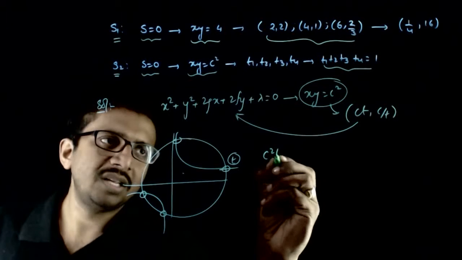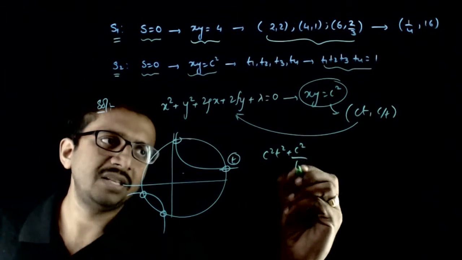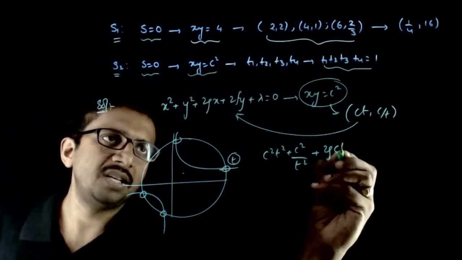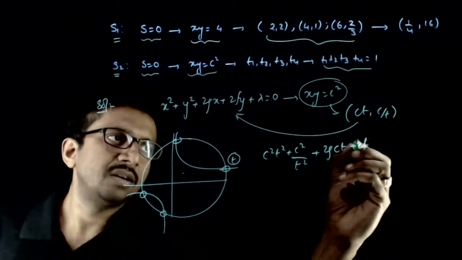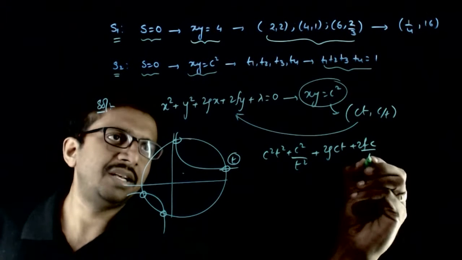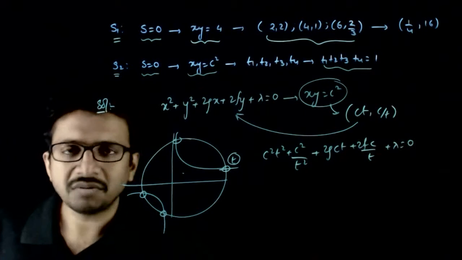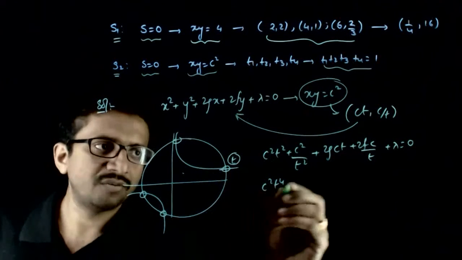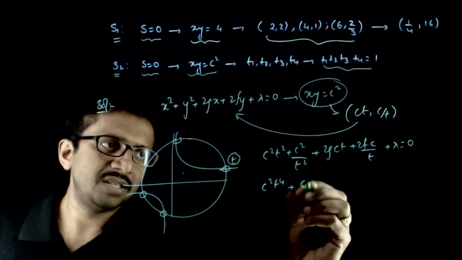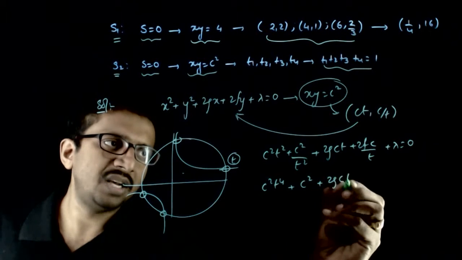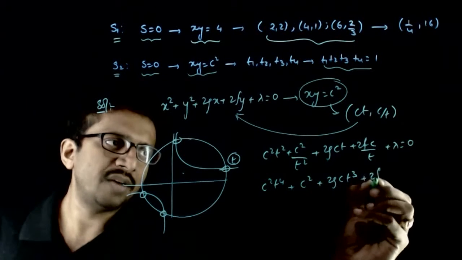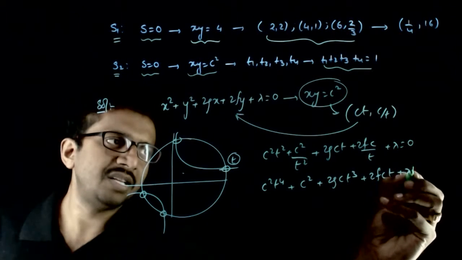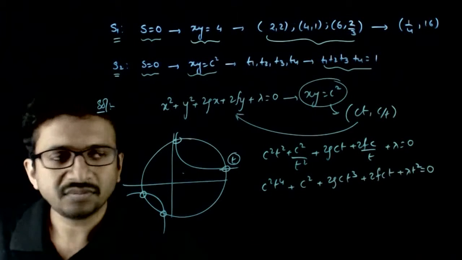So let us check what should happen if this t has to lie on the circle. That is c square t square plus c square by t square plus 2gct plus 2fc by t plus lambda should be equal to 0. If you take the LCM, you get c square t power 4 plus c square plus 2gct cube plus 2fct plus lambda t square equal to 0.